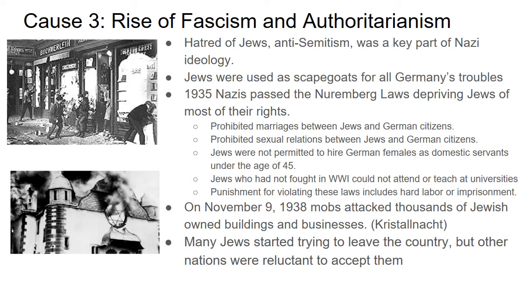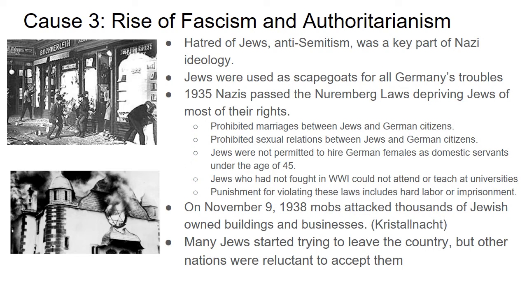As a result of this, a lot of Jewish men leave to find work, get themselves situated, and then the idea is that they will send for their families later. That's a pretty common immigrant strategy throughout history: one family member will go and get ready for everybody else to come.